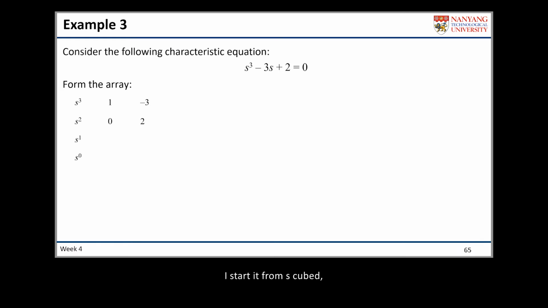I start from s cubed, s squared, s1, s0. I put in all of the coefficients: 1 from s cubed, 0 from s squared, -3 from s, and 2 is the constant. What do we see here? We have 0 in the first column here. I cannot proceed with this part. I cannot proceed to the b1.